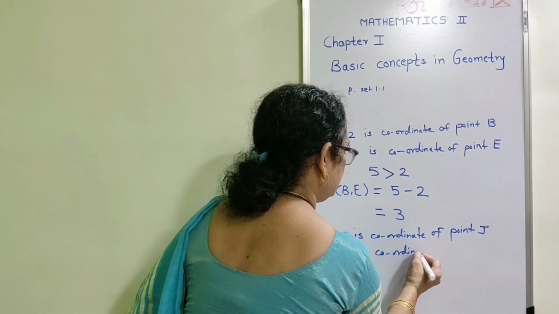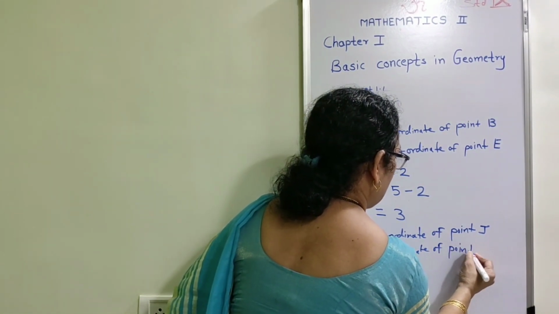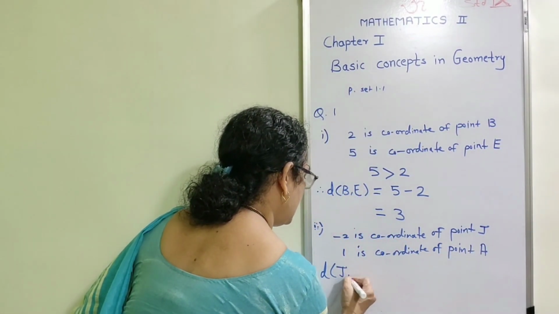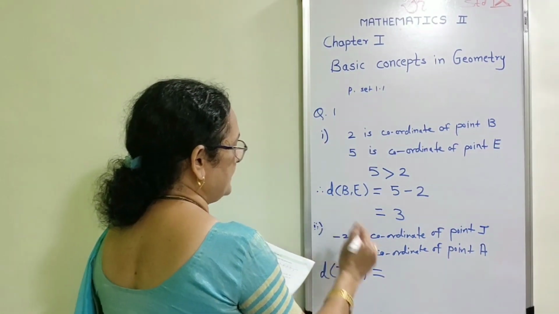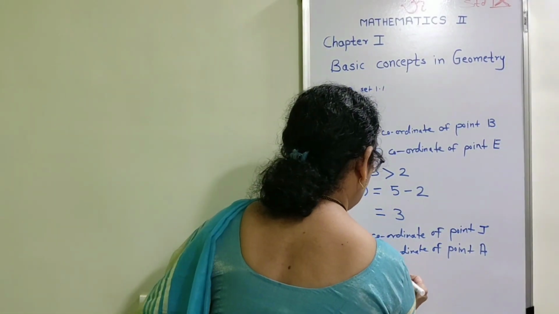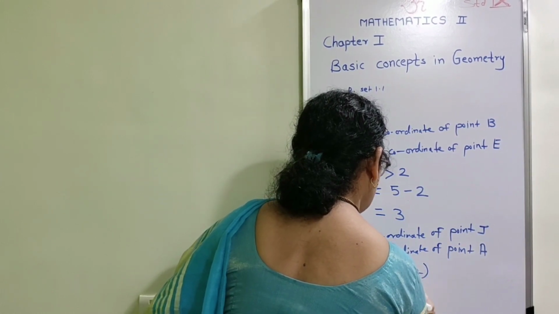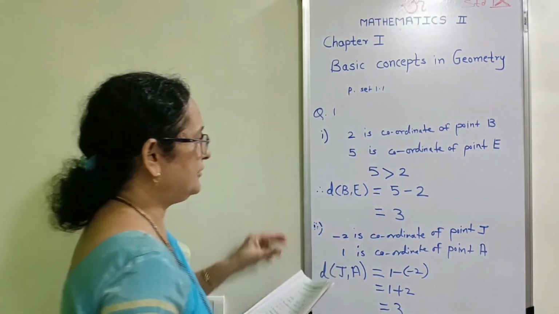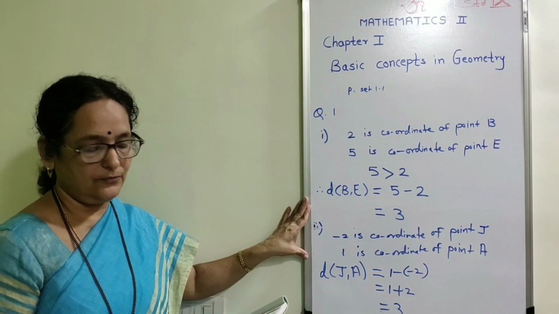Therefore distance JA is equal to, now here 1 is greater than minus 2, 1 minus minus 2, and therefore it is 1 plus 2. Final answer is equal to 3. We have taken the first two examples from question number 1.